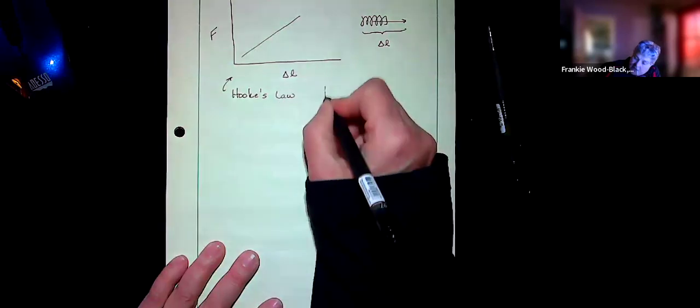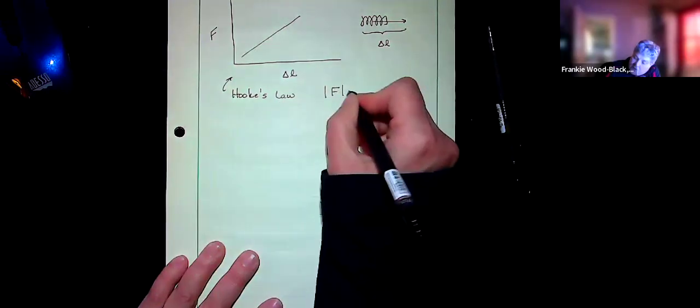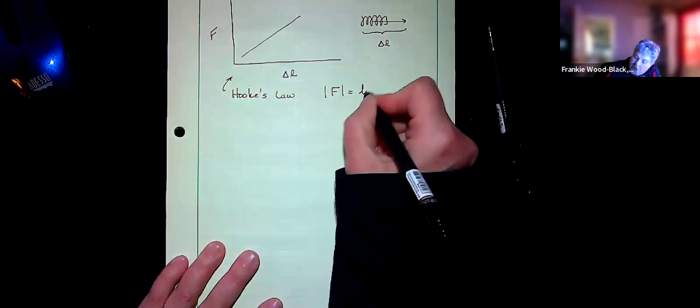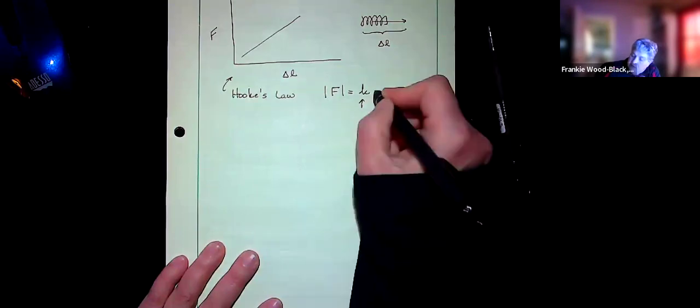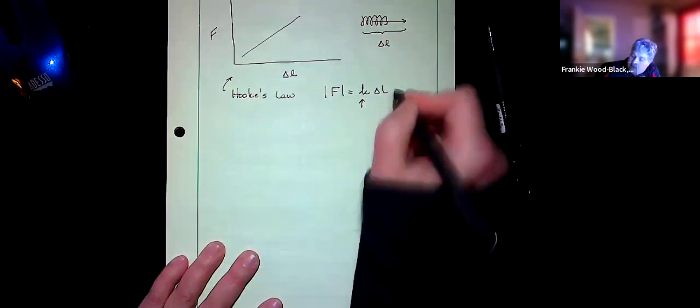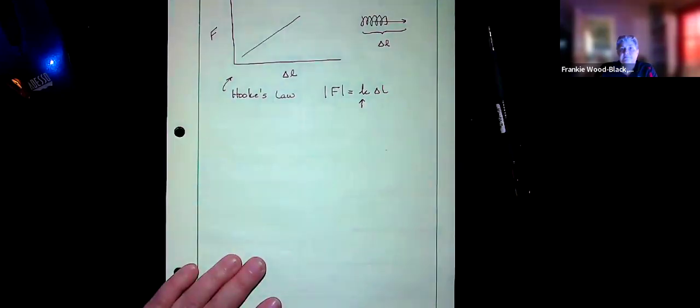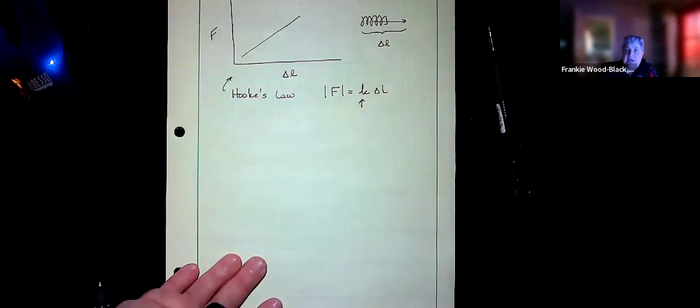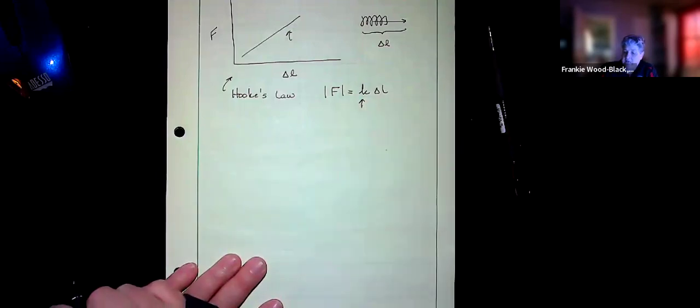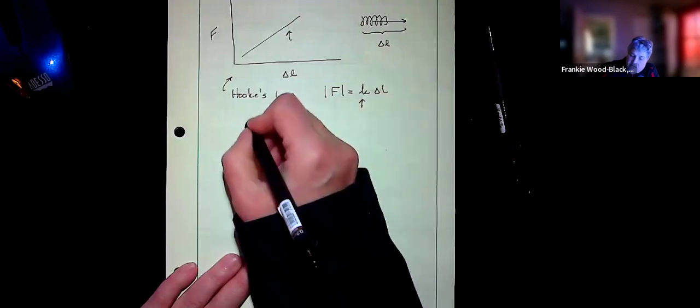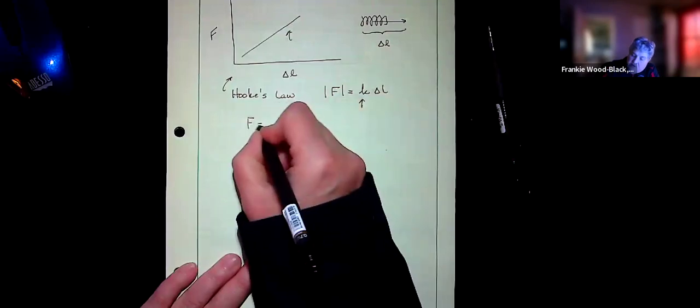And what he says is that the magnitude of the force is going to be equal to some constant times my change in length. And we can utilize that, and my spring constant here, we can calculate that. That's the slope of this line. And I can have Hooke's law that we do. Now, typically what you'll see is Hooke's law is going to be listed like this.